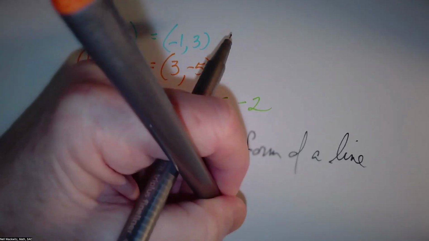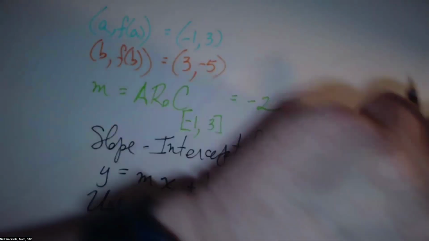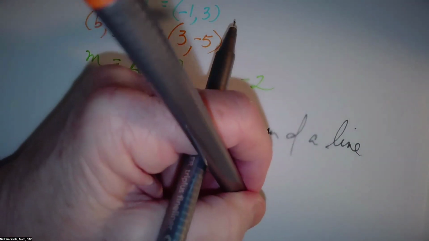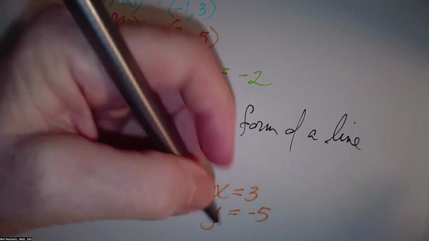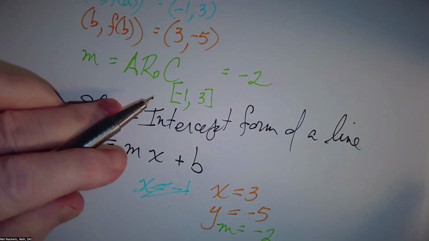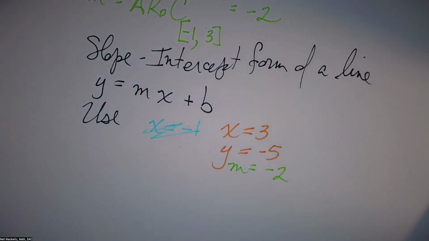So let's let x be 3, y be -5 and m be -2, just like we found. And let's solve for b.